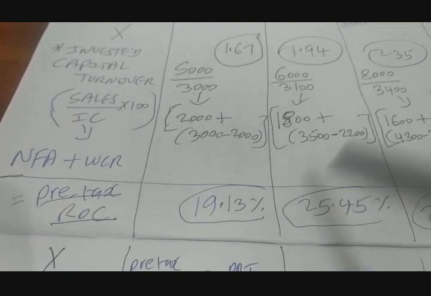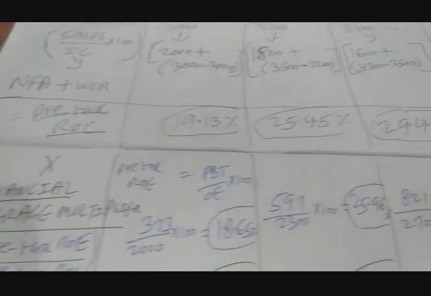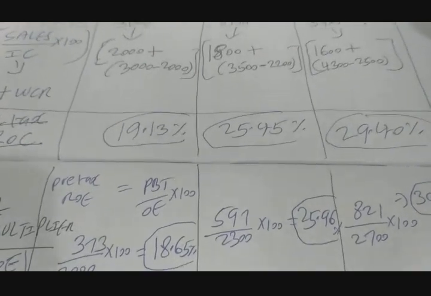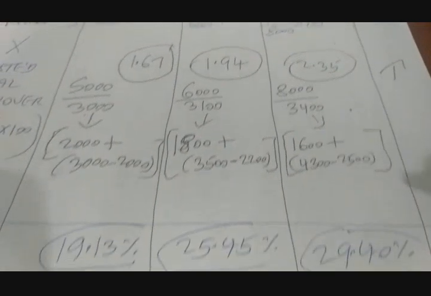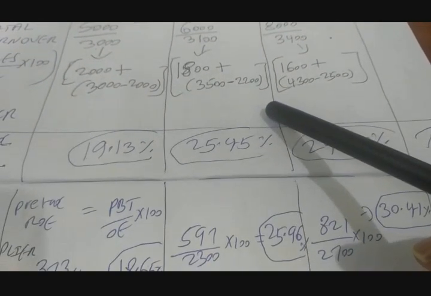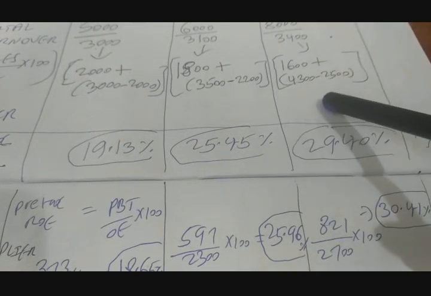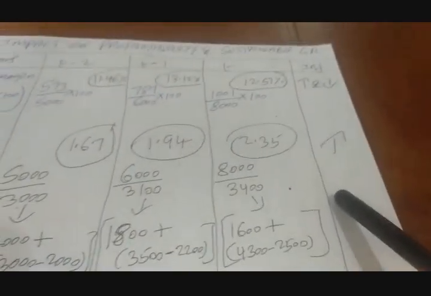So from this, what we understand is that the company's pre-tax ROC is going up, even though its profitability is at stake. We have already gone through the working capital trend, wherein the working capital requirement is increasing year after year. So even after the working capital is increasing, the company is generating higher invested capital turnover.